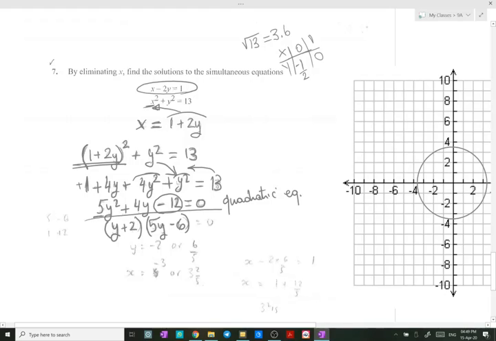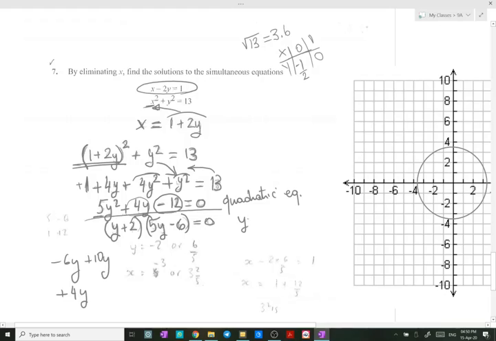Plus 2 times minus 6 is minus 12, and when you add minus 6y plus 10y, the answer is going to be plus 4y, which is the middle answer here. Now we factorized the equation, we need to solve for y.